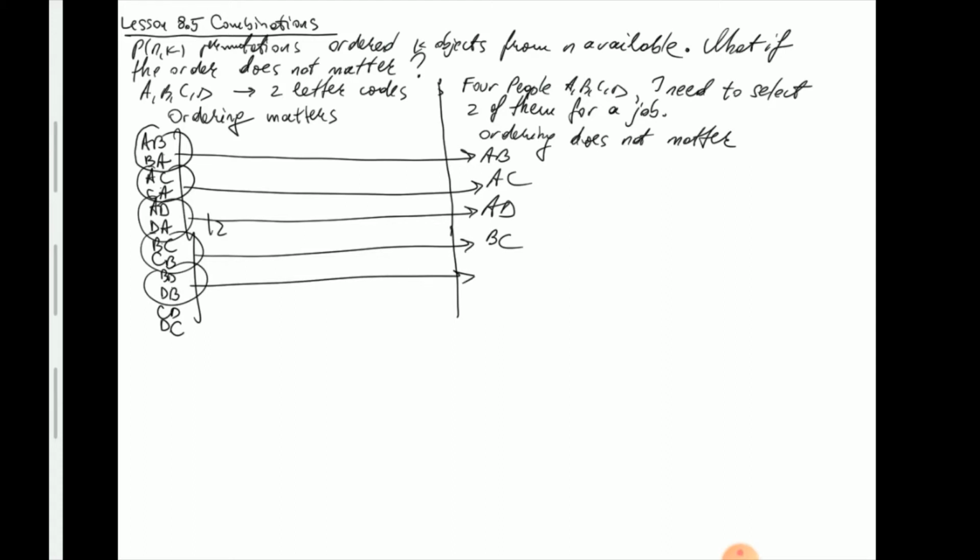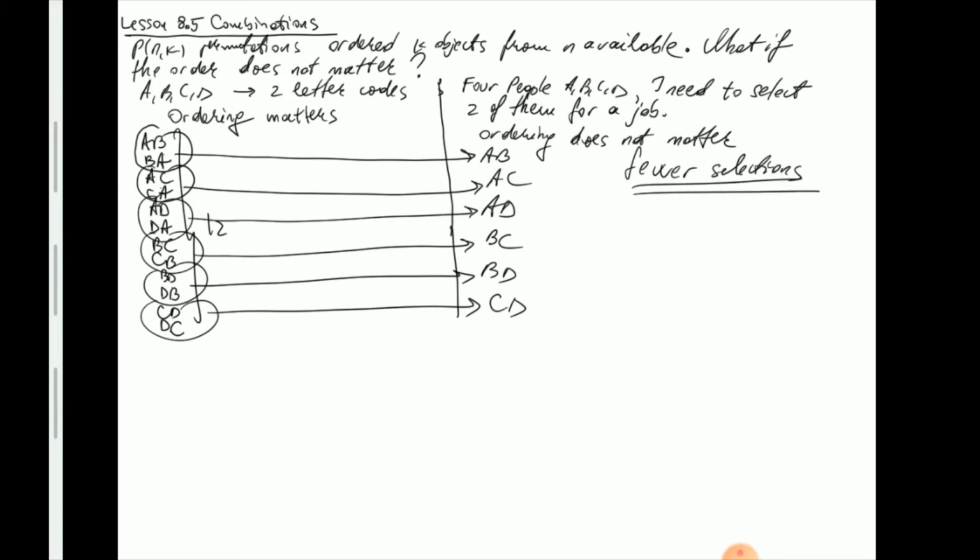BD and DB is one selection. And finally, CD and DC is just a single selection. So clearly, in this case, you have fewer possibilities, fewer selections in total, if the ordering does not matter. So that's the key thing.